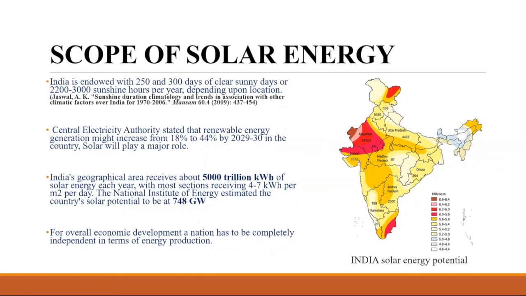India in total receives 5,000 trillion kilowatt hours of solar energy each year. And we have a huge potential, that is 748 gigawatt of energy generation using solar. So you see that solar has the capability to play a major role in the upcoming future when it comes to energy generation using solar power, right? That is why today our main focus is mainly on solar energy only.